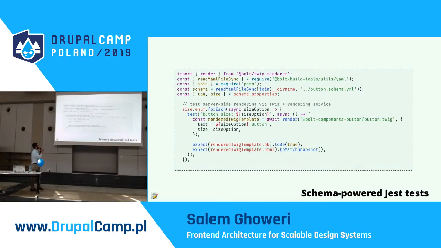We can also do some really interesting things like this. This is one of our Jest tests. Anyone here know Jest? Jest, for those of you who don't know, is a way to write tests for JavaScript components normally, like React.